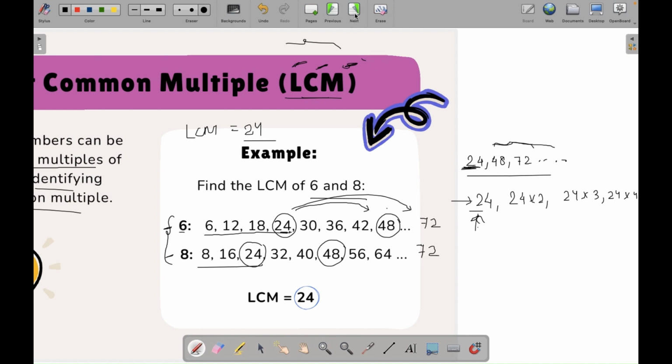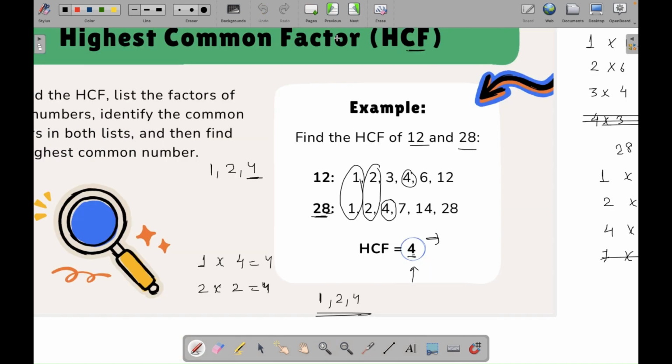Right? So LCM times 1, LCM times 2, LCM times 3, LCM times 4, and so on. HCF is the highest common factor, so all common factors will be a factor of that HCF. Right? Okay. Although you'll not get questions on this, this understanding will help you when you go to higher classes.